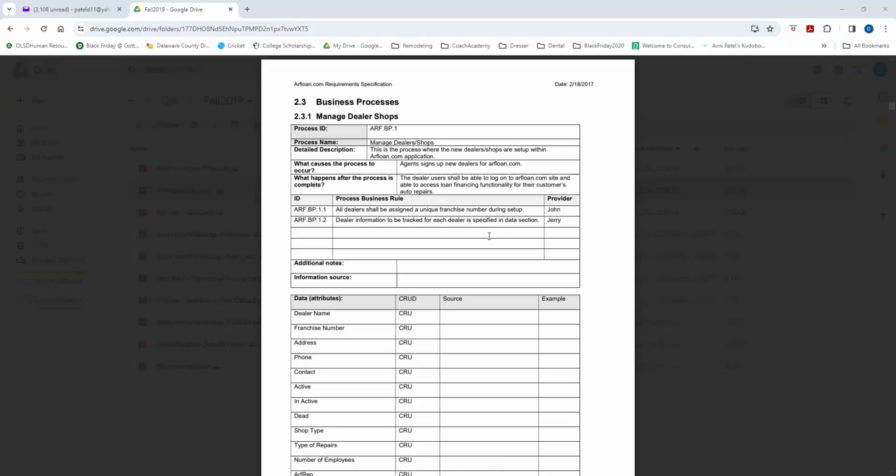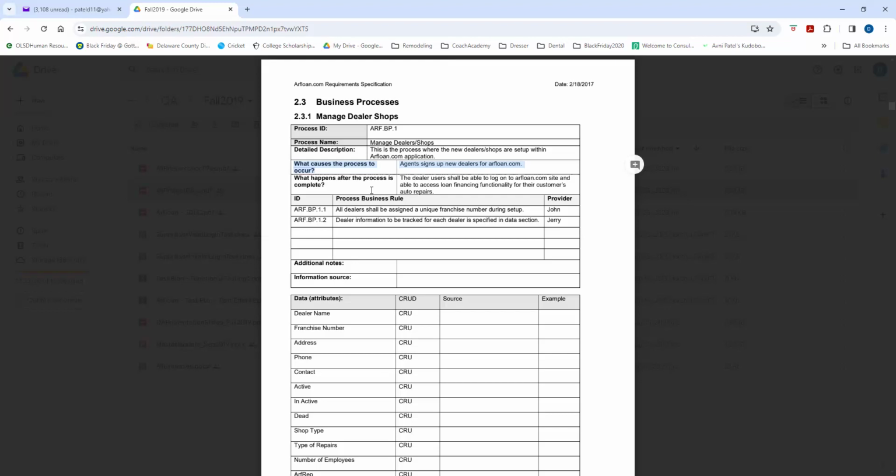What causes this process to be invoked? If your agent goes out and signs up a new dealer to use the platform, that's when this is invoked. After this process is complete, the dealer is successfully onboarded into the system, and the users who work at the dealer shop are able to log into the system and utilize all the loan financing features.